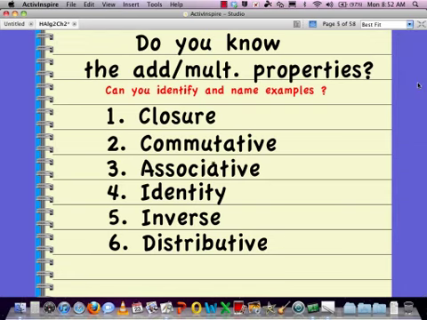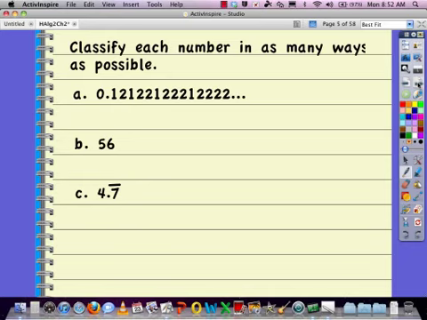Okay, so knowing that, this is a typical type of problem that you could be asked. Classify each number in as many ways as possible. And then you see some different types of numbers being listed here. Now these different types of numbers all would have been covered in those lists of numbers. So for example, the number in A, you should be able to tell me is such and such type of number.